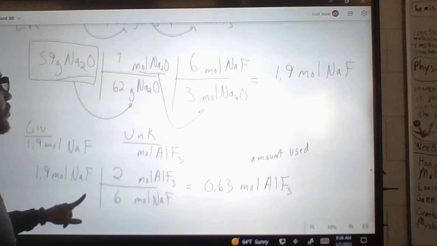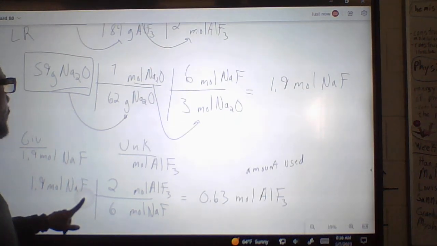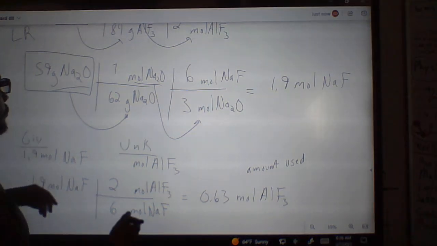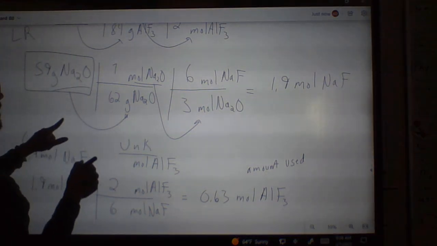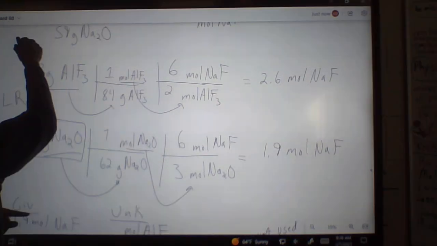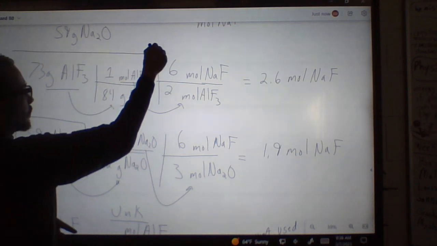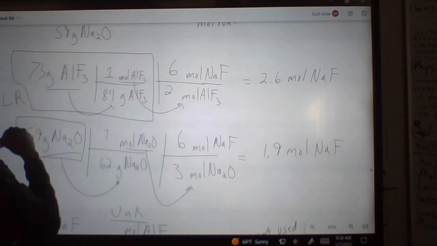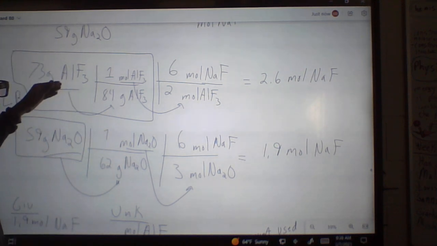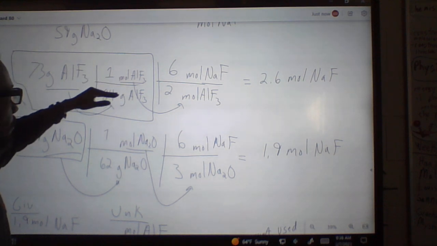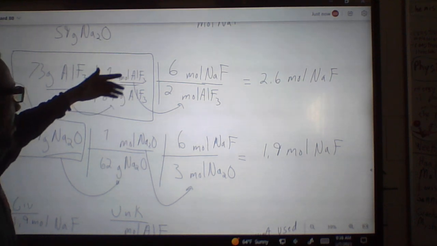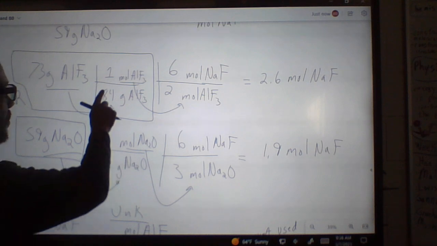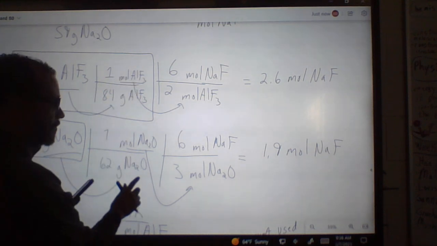So I'm just going to do just this part here with my excess reactant. I'm just going to do the molar mass part here, and that'll tell me the number of moles of my excess reactant. So 79 grams of my excess reactant, how many grams per mole, and I'll be able to determine that. So this is the molar mass for AlF3.